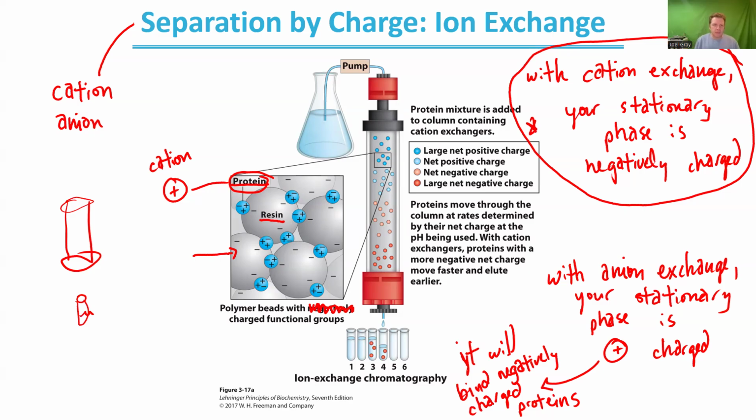If I have a cation exchange column, and here's the very first sample that I collected. I have my reservoir flowing in here. It's a cation exchange chromatography column, so my stationary phase is negatively charged. So positively charged proteins will get captured.